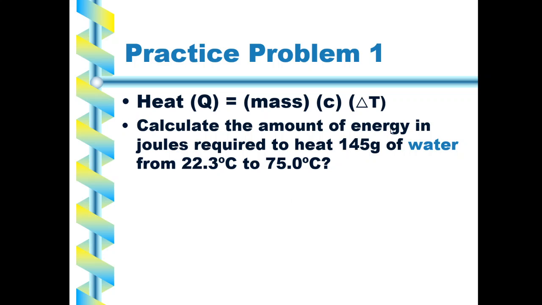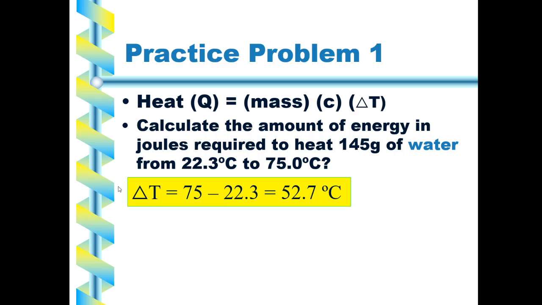Calculate the amount of energy in joules required to heat 145 grams, so this tells me that's a mass, of water from 22.3 to 75. Well, remember I told you you're gonna have to identify the final temperature and the initial. So this is where I start, this is where I end. So the first one would be our initial, and this would be our final, okay?